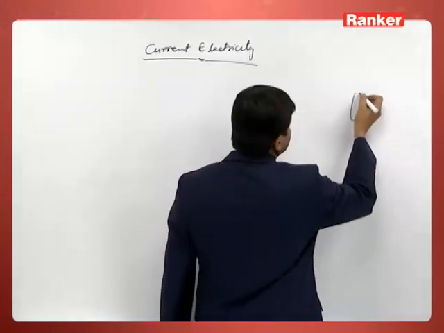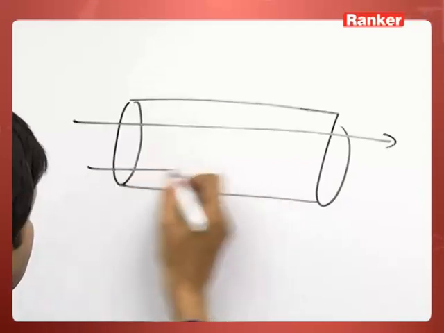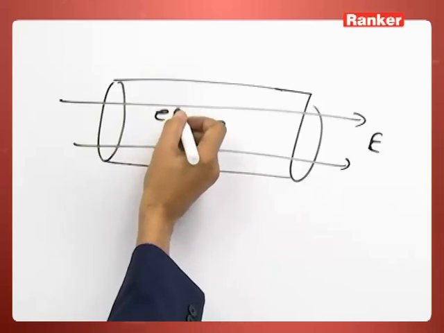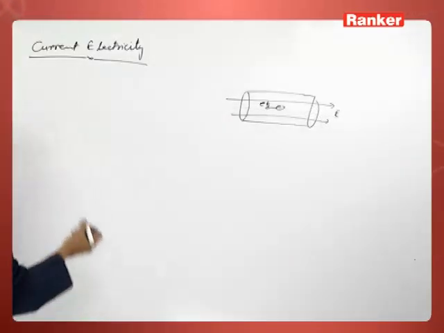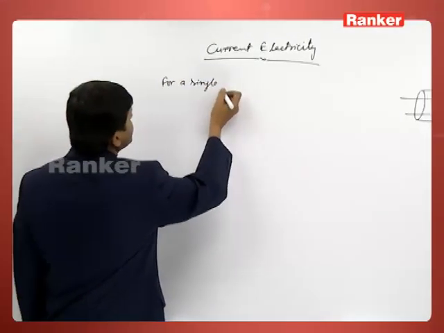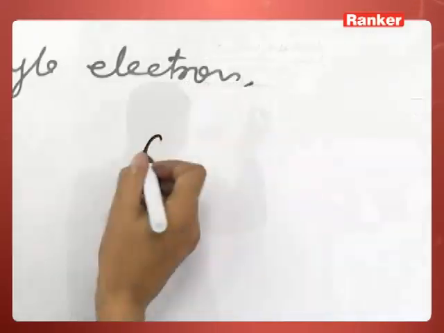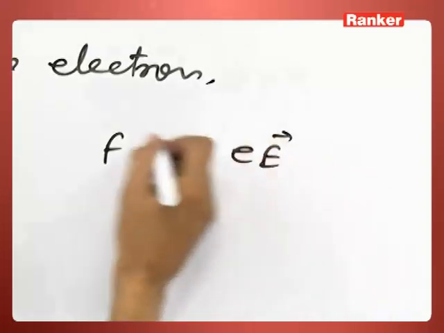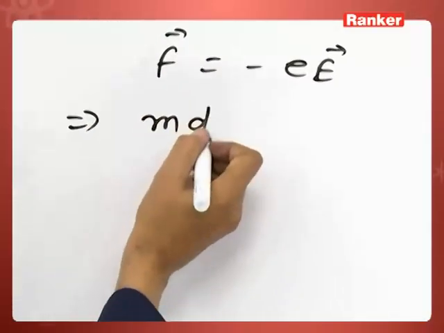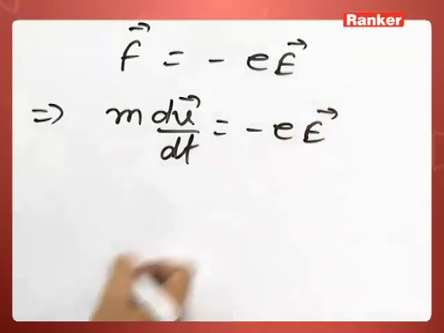So this is the conductor, kept in an external electric field, and the electron experiences a force. So for a single electron we can write F is equal to minus eE, and this F we can further write as m dV by dt equals minus eE.